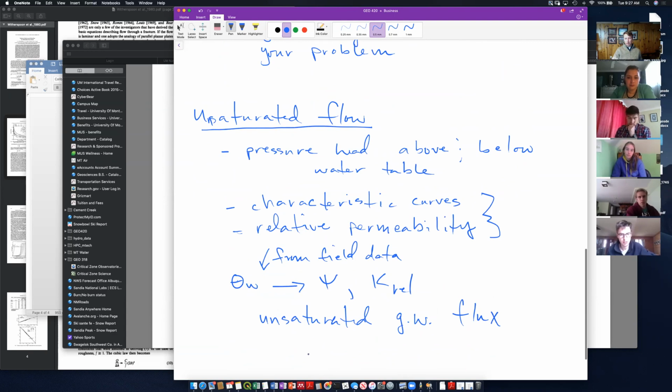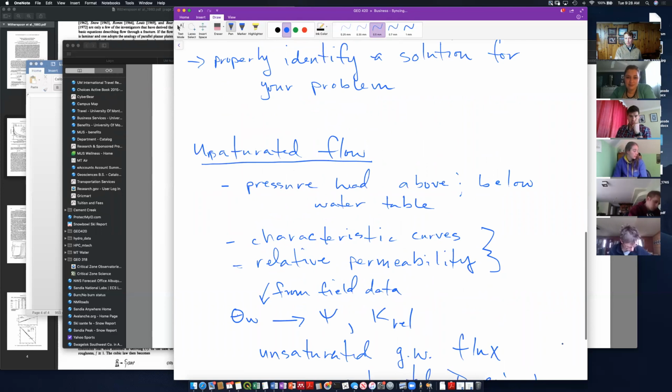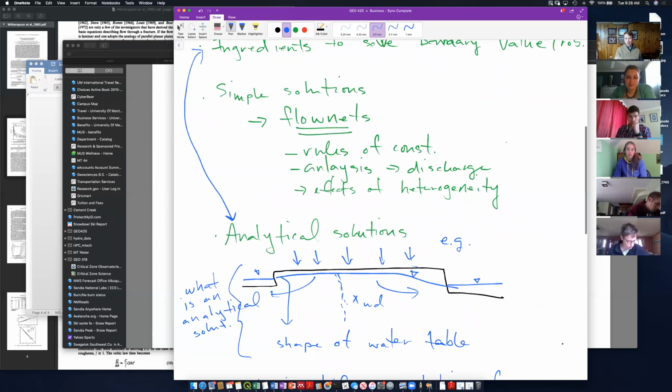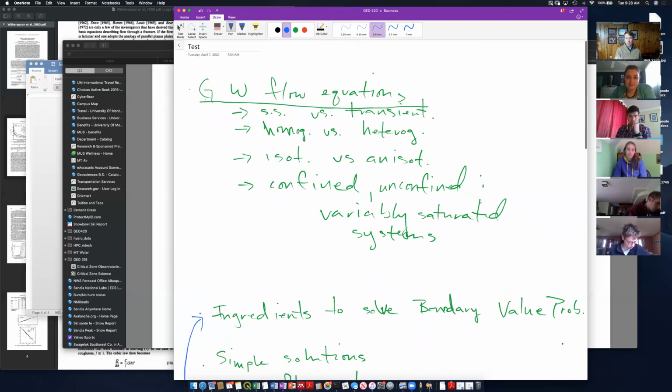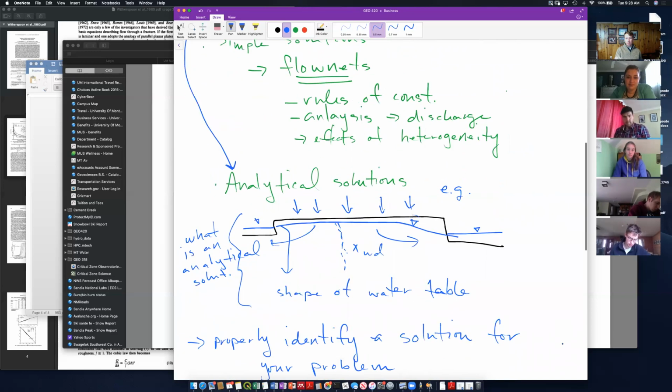So this is really unsaturated Darcy's. All right, so this will be the meat and potatoes of the exam.